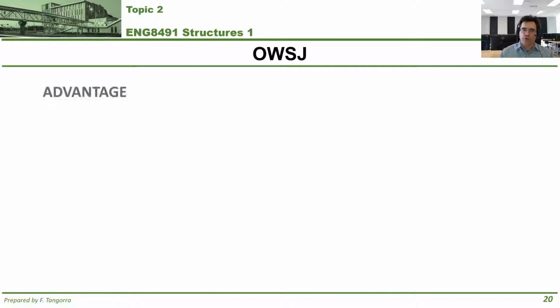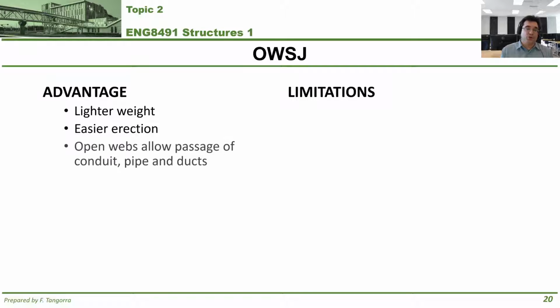The other thing too that I'd like to let you know of is what the benefits and limitations are of open web steel joist compared to, say, solid steel beams. Because, you know, there are good things and less good things about them. Some of the good things about open web steel joists, they're lighter. Their weight is lighter because they're mostly empty air, right, compared to a solid steel beam.